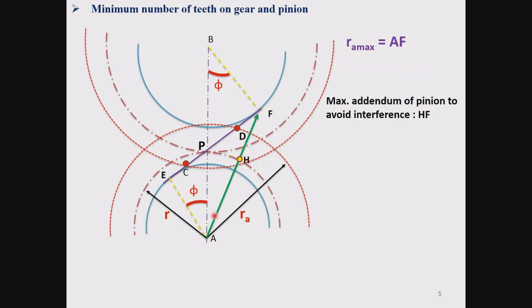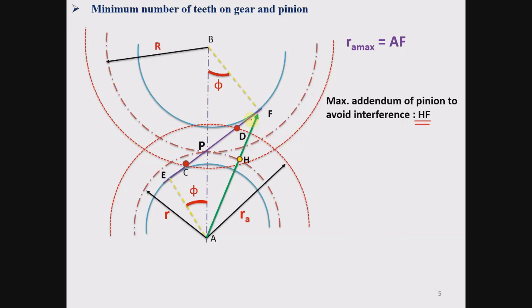If AF is maximum value of addendum circle radius, HF will be the maximum value of addendum of pinion. Correct? So write down: maximum value of addendum of pinion to avoid the interference is HF.